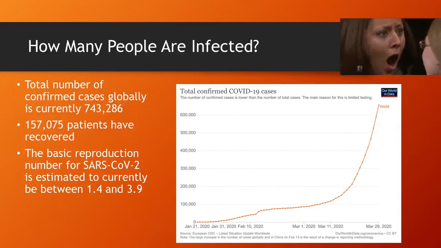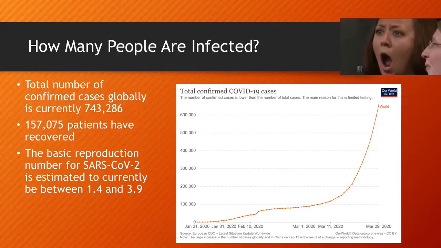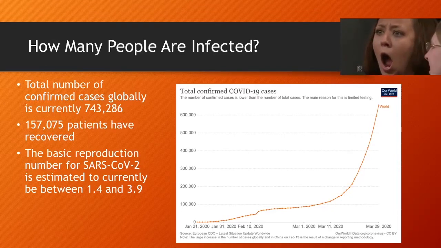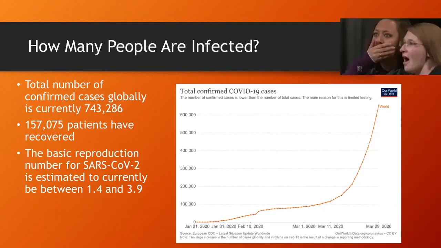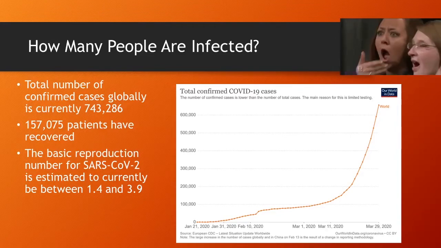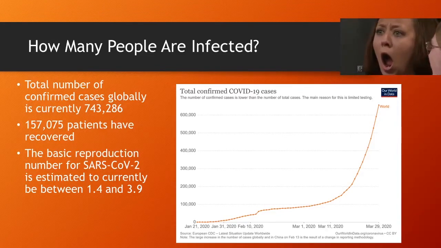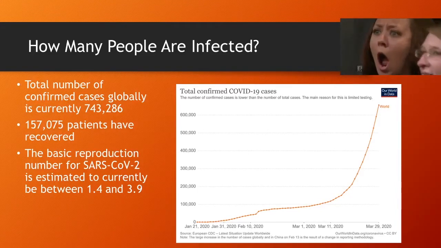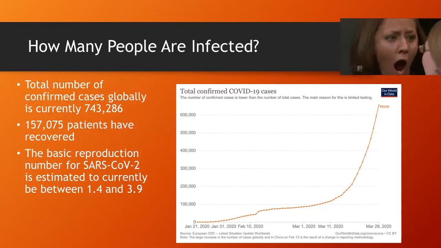The basic reproduction number, the R value for SARS-CoV-2, is estimated to currently be between 1.4 and 3.9. You may have seen that on the news and may know a little bit about it. Essentially, it's a value that determines approximately how many people one infected person will pass on that infection to.